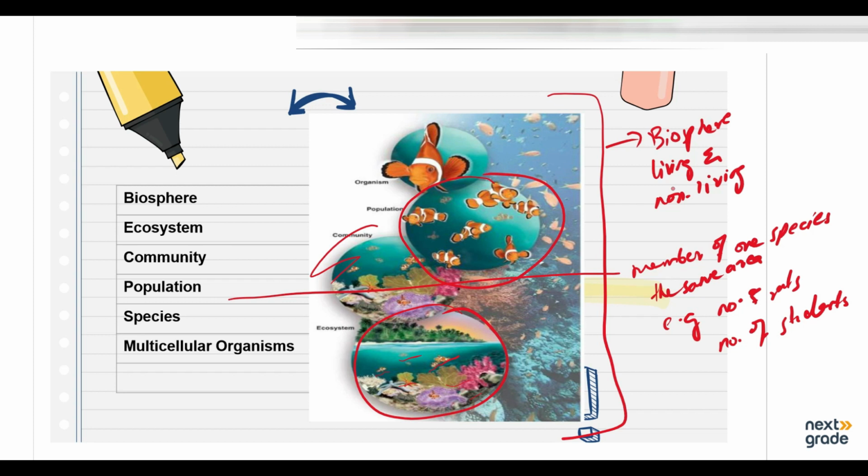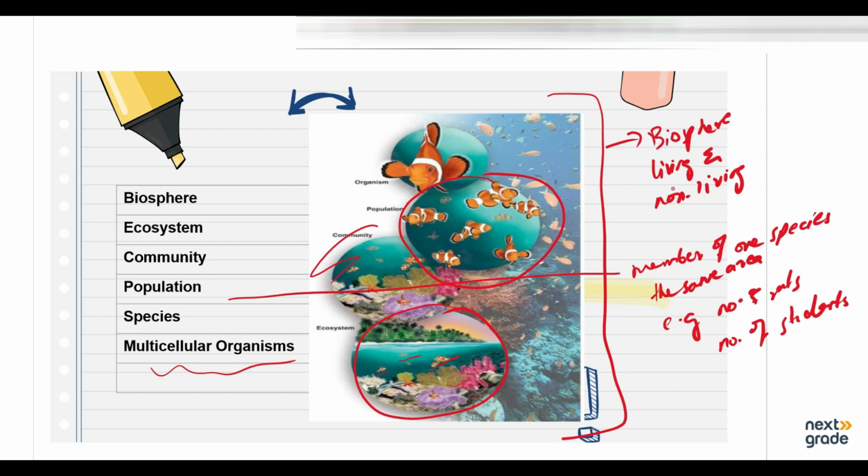Then there is the species, very similar, potentially interbreeding organisms. Species is something of the same kind that can interbreed. And then there is the multicellular organism.